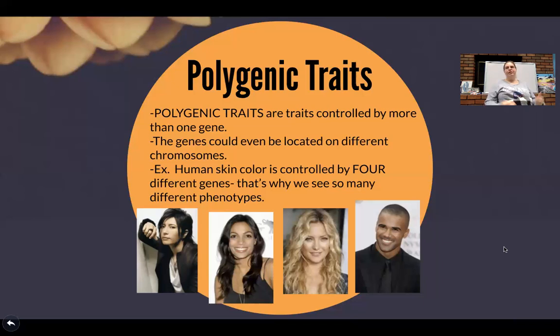And we see that there's a huge variety of different allele combinations between these multiple genes. And that's why we see the huge variation within us for skin color or height or things like that. And here we have just 4 examples of different shades of skin color.